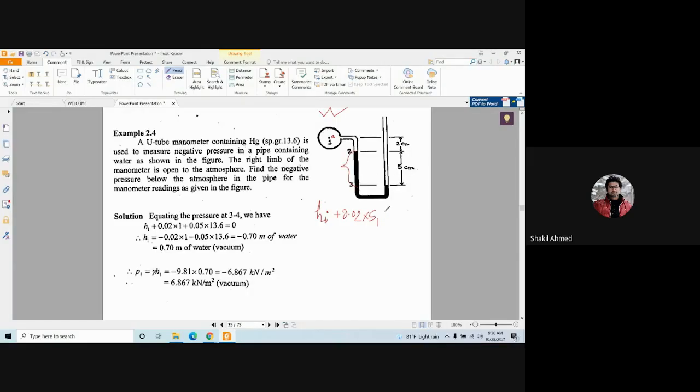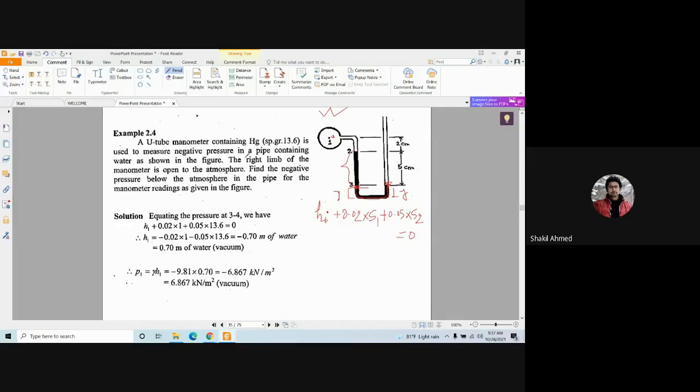Again you're going downward, so plus 0.05 into S2. Then you are here, so this cancels out, same Y. Is there anything else? No, there's no other liquid. So equals to 0.